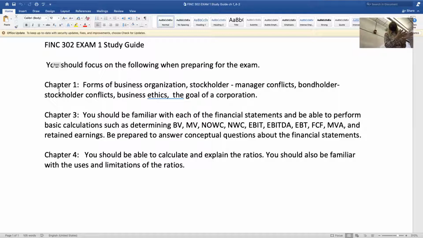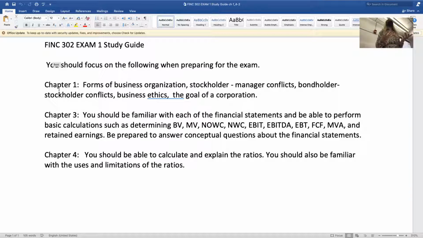All right, so for chapter 1, make sure that you read in the textbook those different forms of organization: the sole proprietorship, partnership, and corporation. Make sure that you understand the advantages and the disadvantages of each.